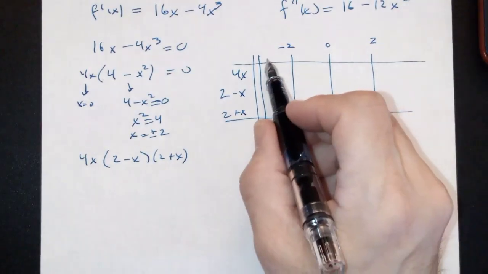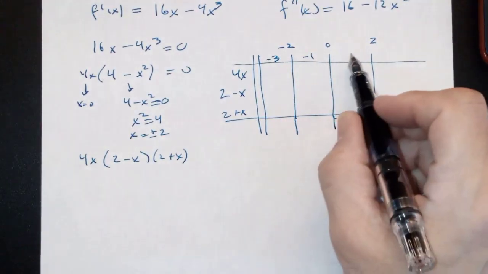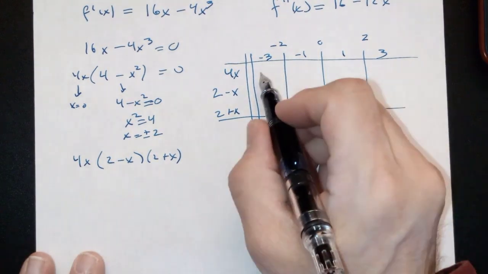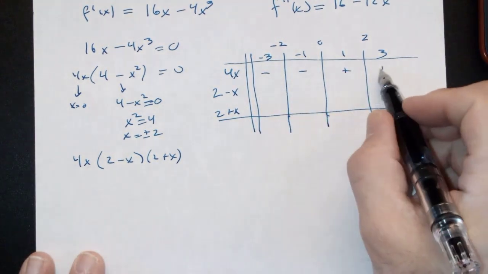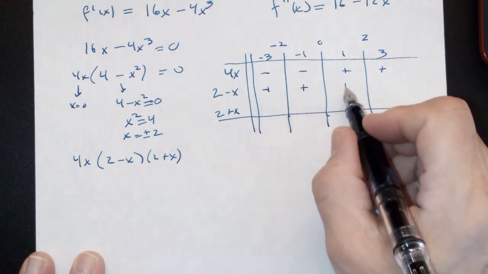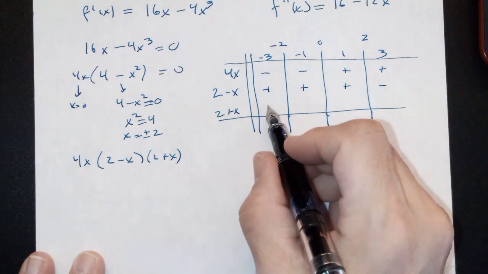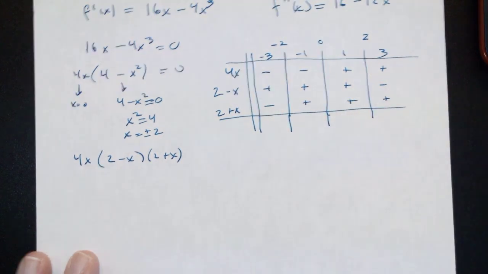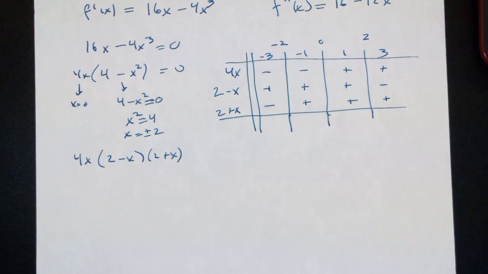Test numbers. Pick numbers in between my critical values, and off to town we go. Plug in the test numbers and just write down whether the answer is positive or negative.